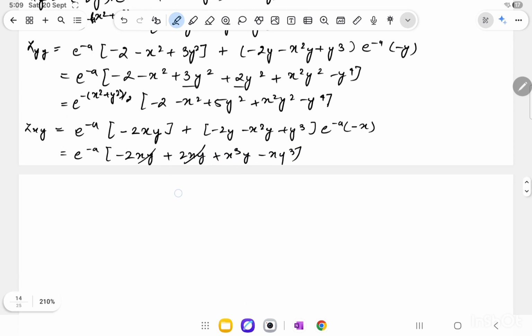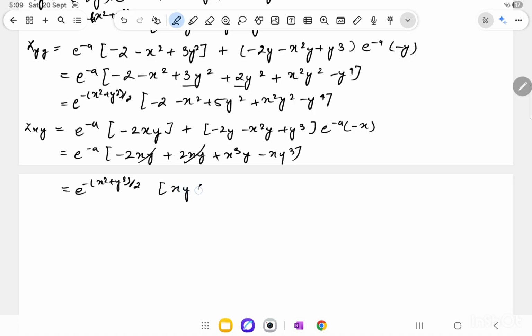This term balances this, so we'll get e raised negative x square plus y square by 2 into xy can be taken out, and I'll get x square minus y square. So this is basically the same as z into xy.